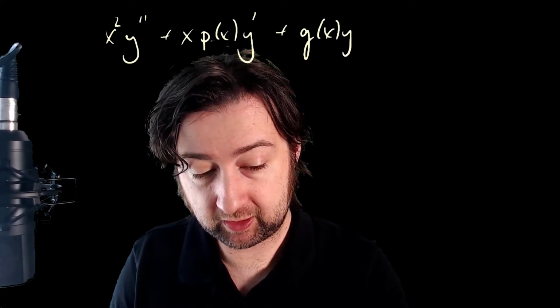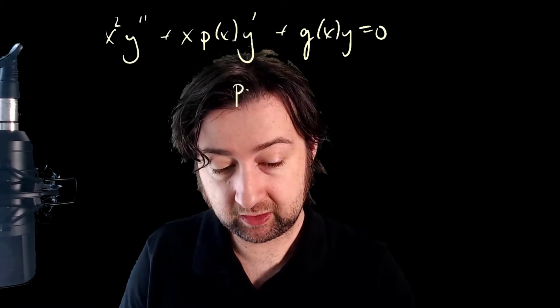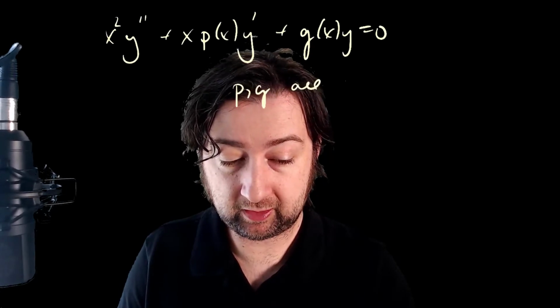Functions that have regular singular points have a very nice form that we can always write them in once we have one. So the general form of an equation with a regular singular point at 0 is given by x squared y'' plus x p(x) y' plus q(x) y equals 0, where p and q are analytic at 0.